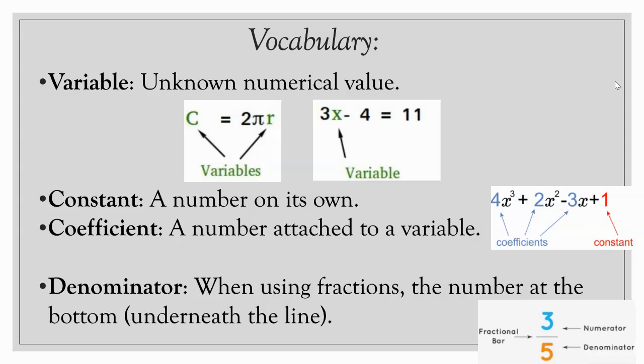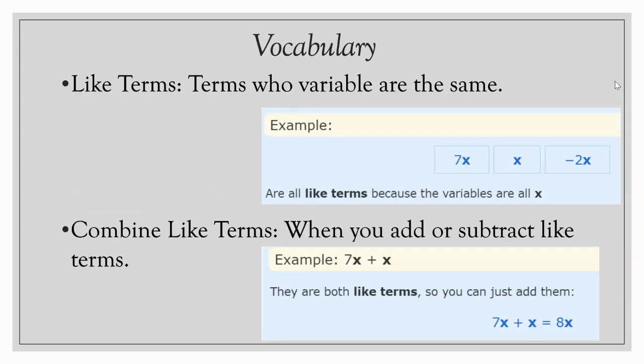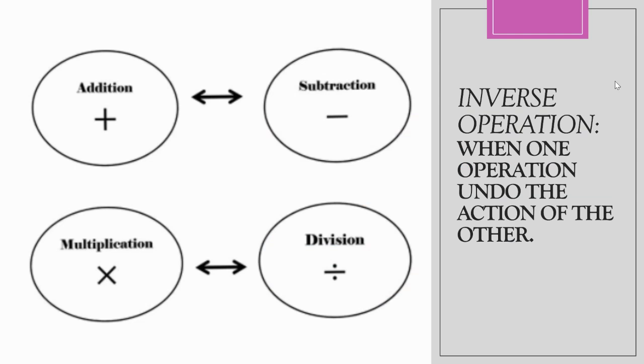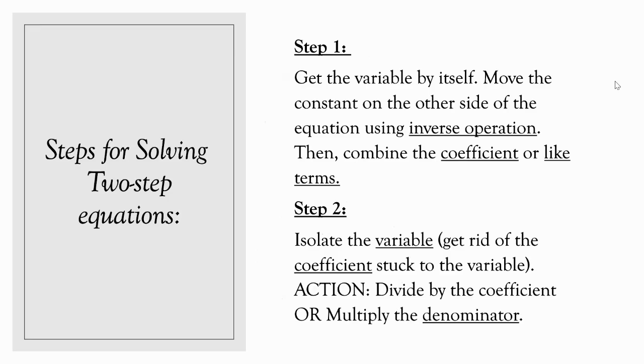And in the other video, I will go over it. But remember, our vocab is variable, constant, coefficient, denominator, like terms, and combined like terms, as well as inverse operations. Okay. And remember that the inverse of addition is subtraction, and the inverse of multiplication is division, and vice versa.